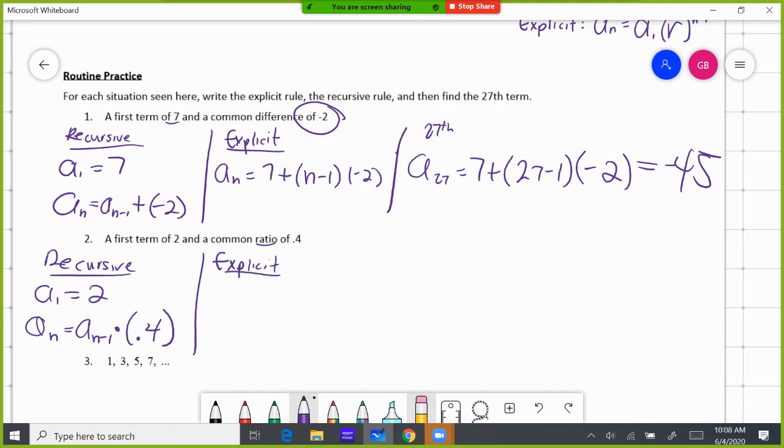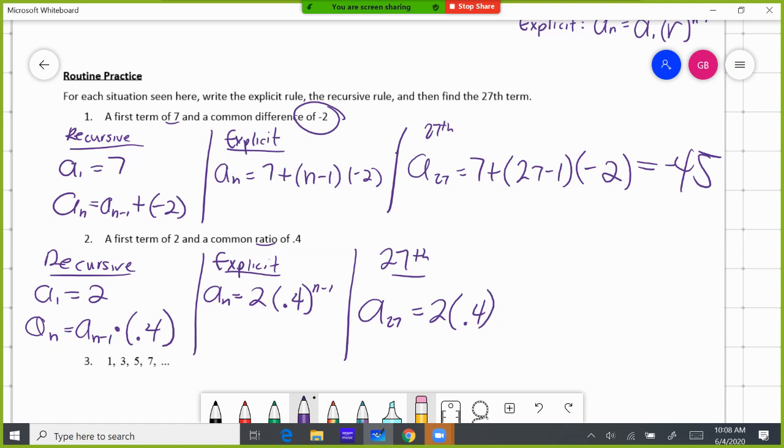For the explicit, it's the first term, 2, times the common ratio, 0.4, to the power of n minus 1. And then the 27th term, a sub 27 is 2 times 0.4 to the power of 27 minus 1. You can simplify it to 2 times 0.4 to the power of 26.